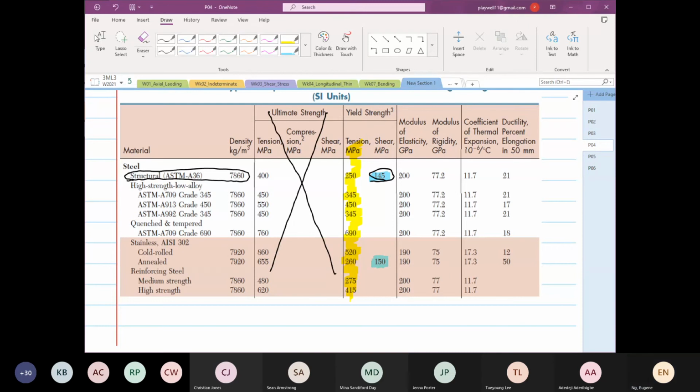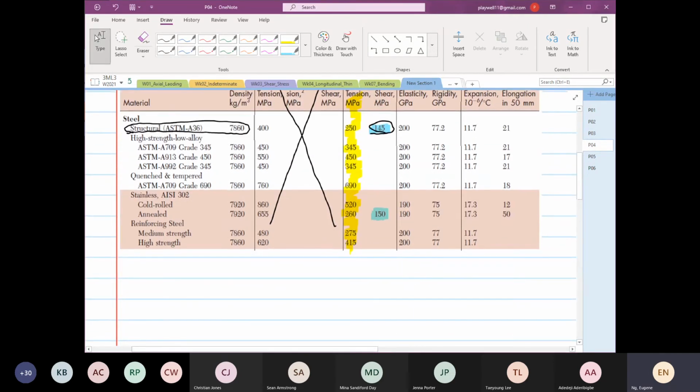So back in Canada while teaching this course, more than 10 years ago now, I realized that you can use this also, but you have to declare. If you're going to use the quenched and tempered ASTM A709, you just have to mention this.